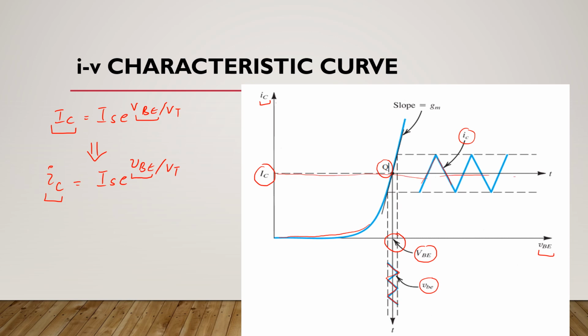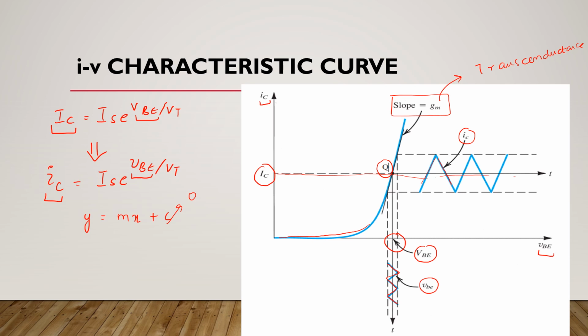Okay, now we know that the formula of a straight line is y is equal to mx plus c. Here, as you can see, this is the slope, and we know that this gm is transconductance. Since it is a straight line, there is no constant here.